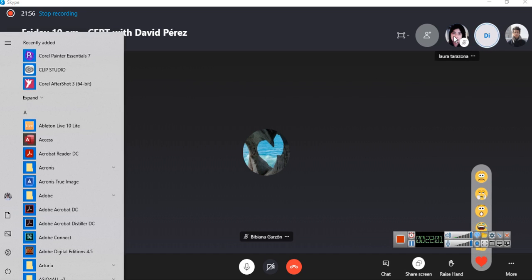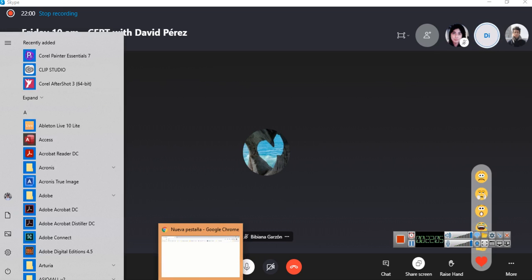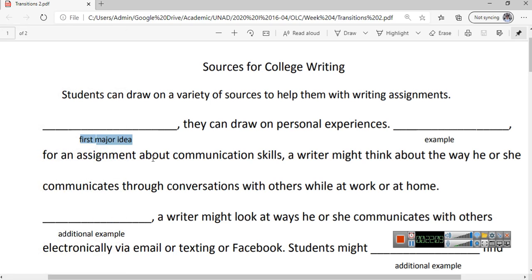Actually, let's see if that works. Students can draw on a variety of sources to help them with writing assignments. Actually, they can draw on personal experiences. Yes, it works. Very good.